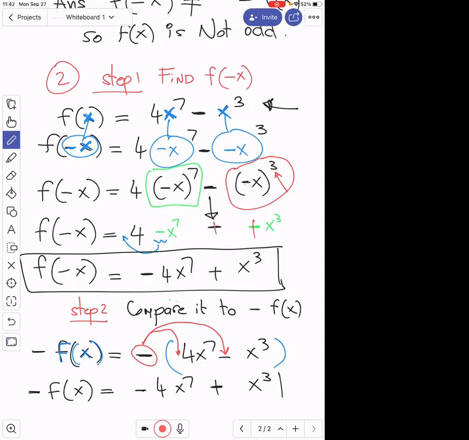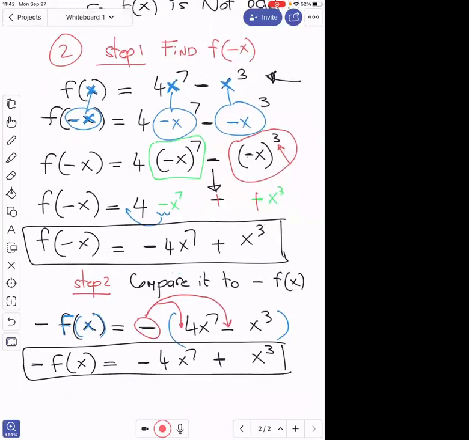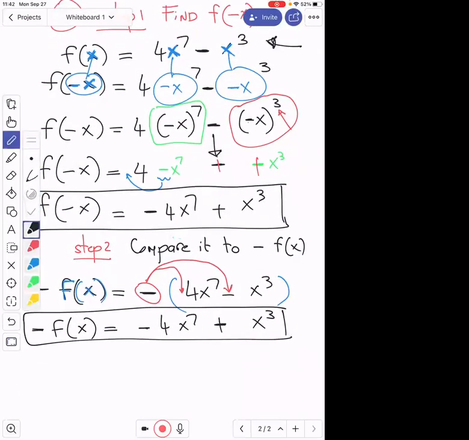So that's my minus f of x. If you compare this to the f of minus x, the answer from the first step, as you can see, they are exactly the same.